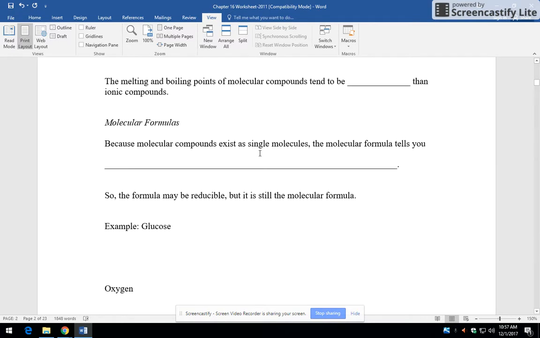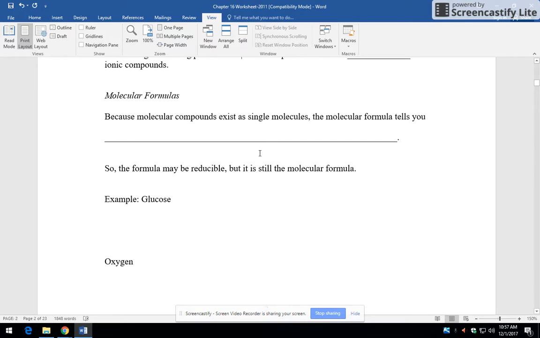Now, we have to talk a little bit about molecular formulas, which literally is the formula of the molecule. Because they exist as single molecules, the molecular formula, instead of just telling you the ratio, like NaCl means that there's a 1-to-1 ratio, but as you guys know, it's like billions to billions. You know, it's many, many, many atoms and ions.